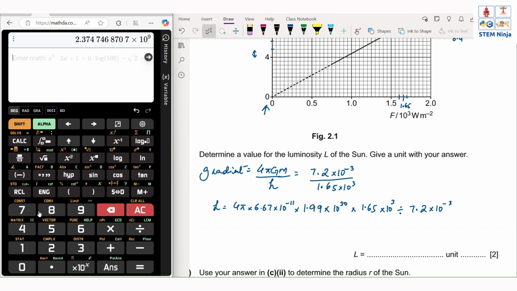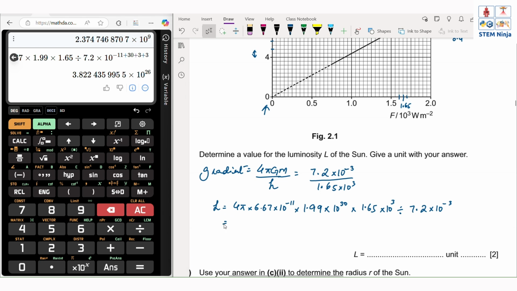Let's do this: 4 pi times 6.67 times 1.99 times 1.65 divided by 7.2 times 10 raised to power minus 11 plus 30 plus 3 and minus minus 3, so that means plus 3. We get luminosity 3.822 times 10 raised to power 26, so 3.8 times 10 raised to power 26. Luminosity is in watt, so watt.